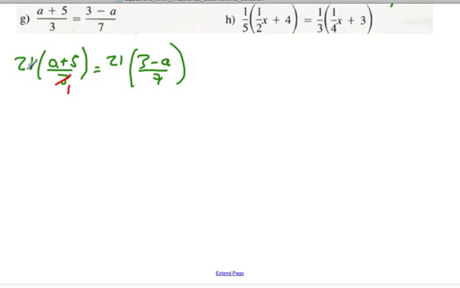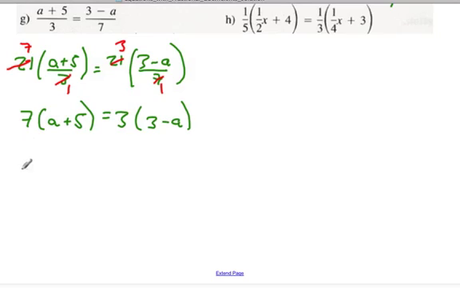So 3 cancels out, and 3 goes into 21 7 times. 7 goes into itself once and into 21 3 times. So we're left with 7 times a plus 5 is equal to 3 times 3 minus a.